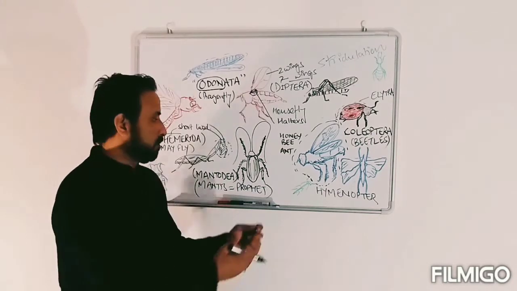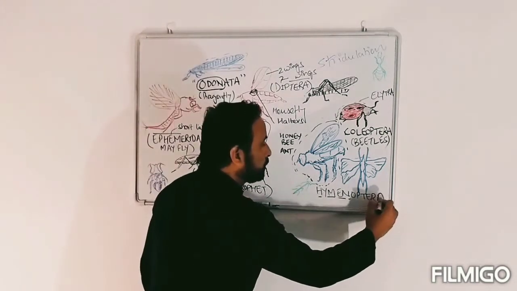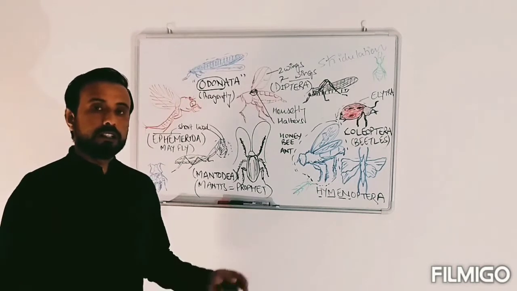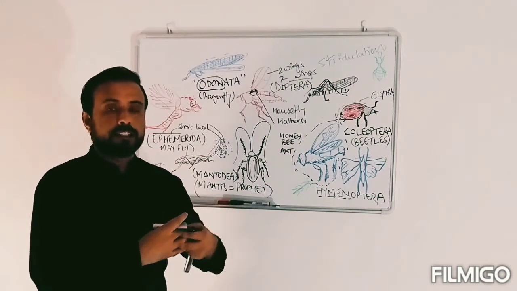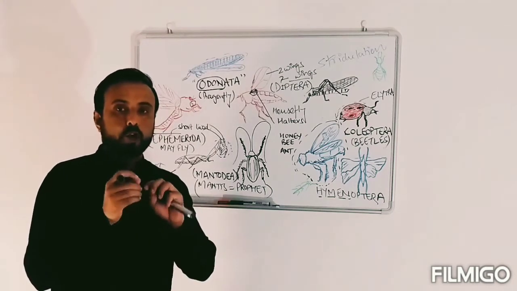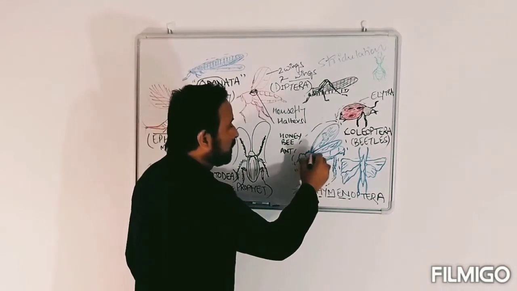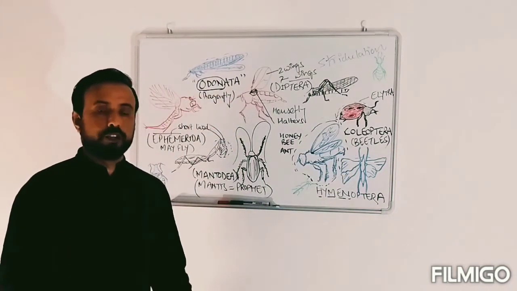So this particular word hymen is included in this order because the hind wing and the forewing are attached by a hook. Small hooks attach the hind wing and the forewing together.